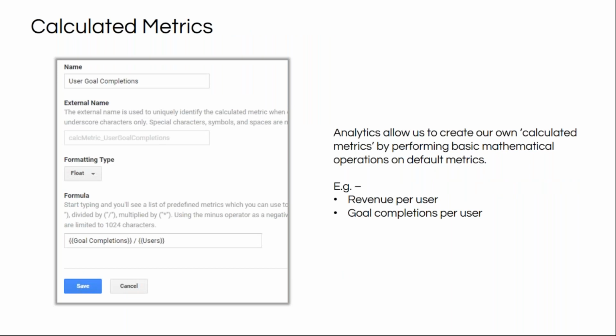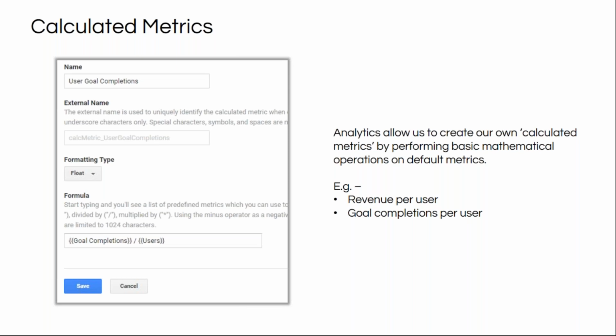And also I'll take an example and explain. In Google Analytics, the e-commerce conversion rate is calculated based on sessions. But what if we want to calculate the conversion rate based on the number of users? That's where calculated metrics are going to help us.